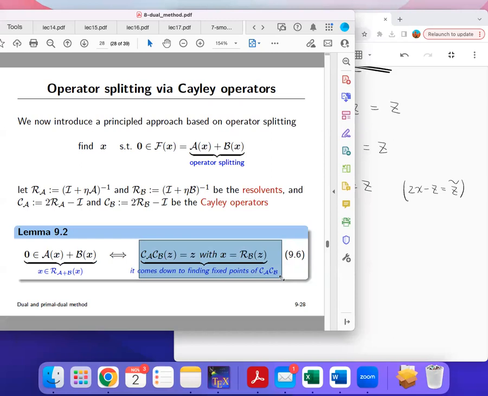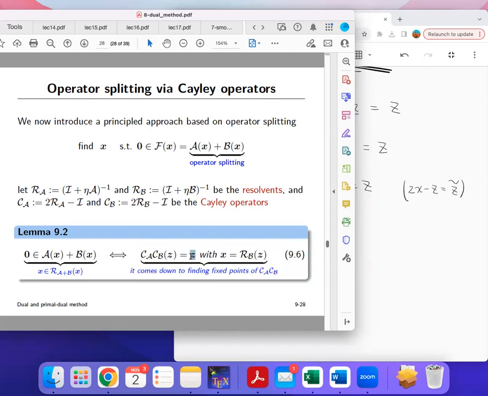So this is an alternative fixed point equation to find zeros of the sum of two operators. Now, ideally, what you do in practice is, given this fixed point equation, you can run an iterative algorithm, right?